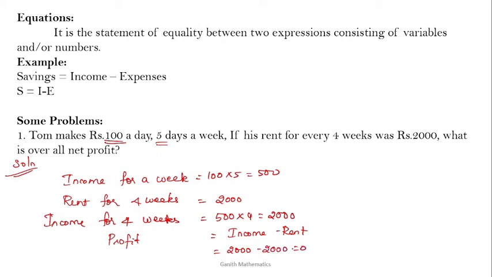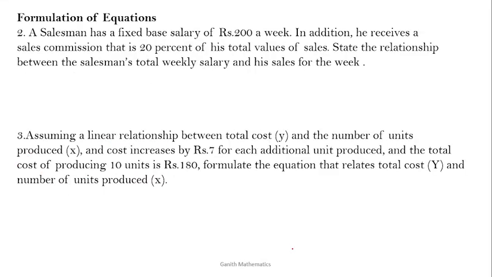Okay, next we are going to see how to formulate an equation. Read the question. A salesman has a fixed base salary of 200 a week. So it is a fixed salary for the person, right? So the base salary is rupees 200.